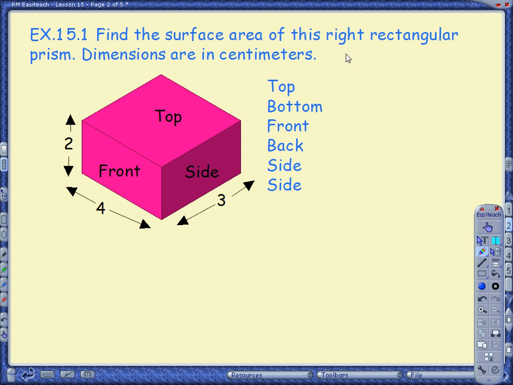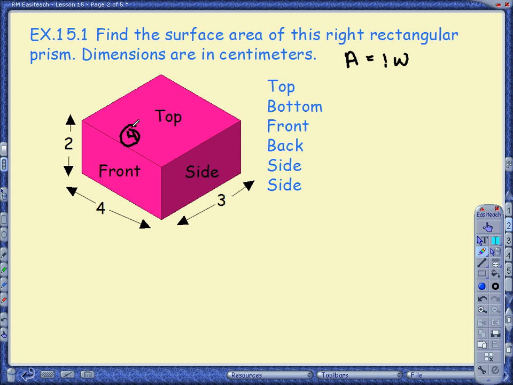We know that all the surfaces in a right rectangular prism are rectangles, and the formula for the area of a rectangle is area equals length times width. The top has no dimensions shown, but I know these two are opposite sides.